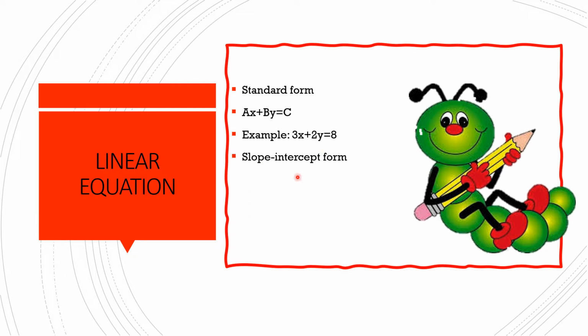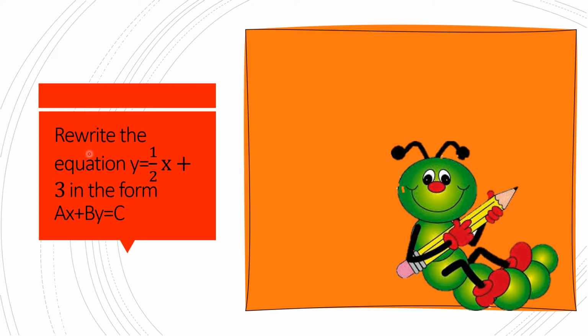And then, ang atong slope-intercept form is y equals mx plus b. So, example, y equals 5x plus 6. We write the equation y equals 1 half x plus 3 in the form ax plus by equals c.